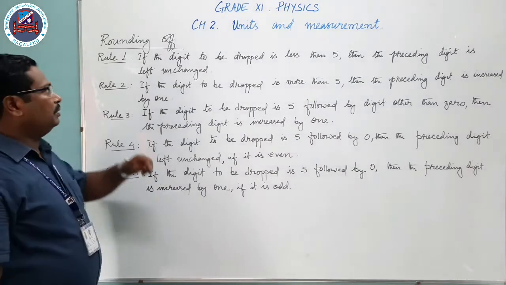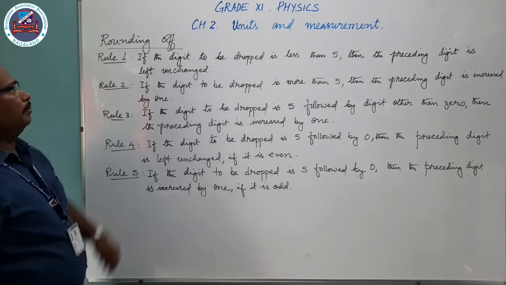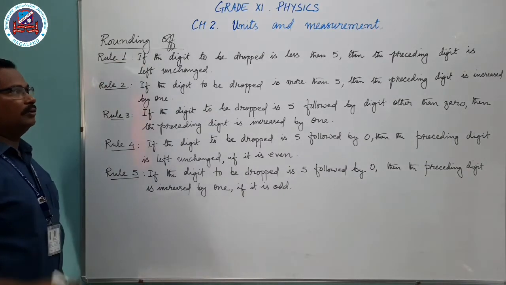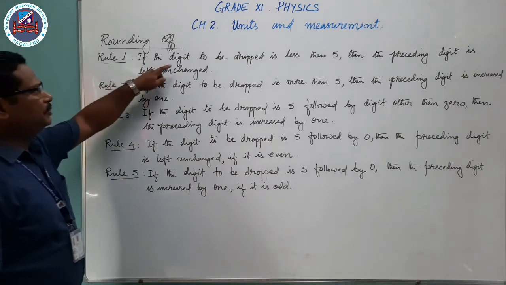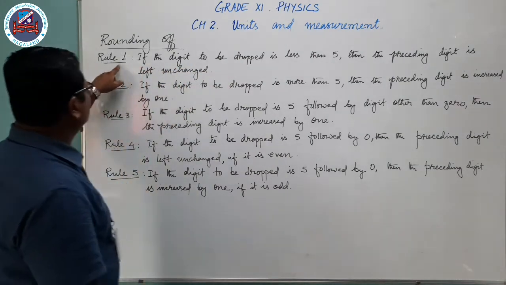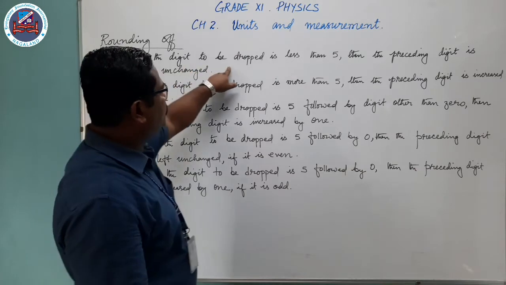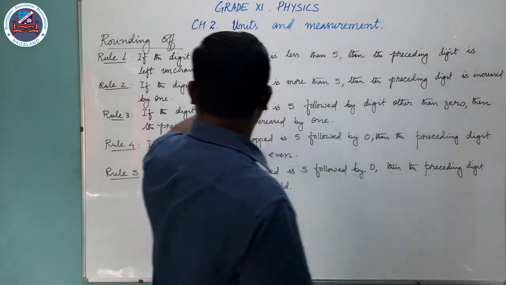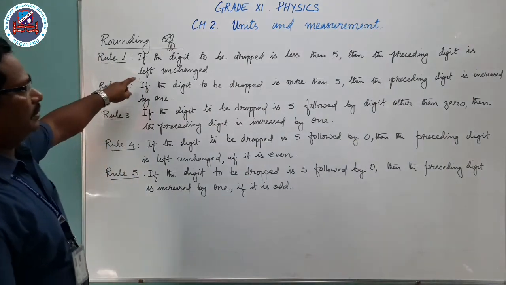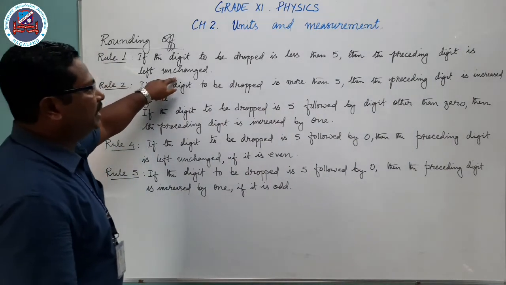Now let us see about rounding of numbers, how we can round off uncertain numbers. I have written down the rules. The first one: if the digit to be dropped is less than 5, then the preceding digit is left unchanged.